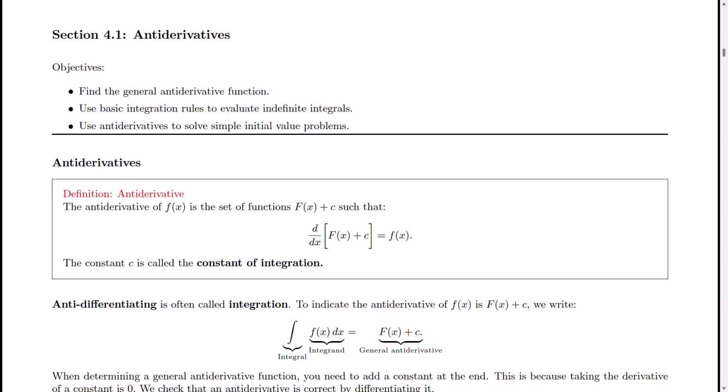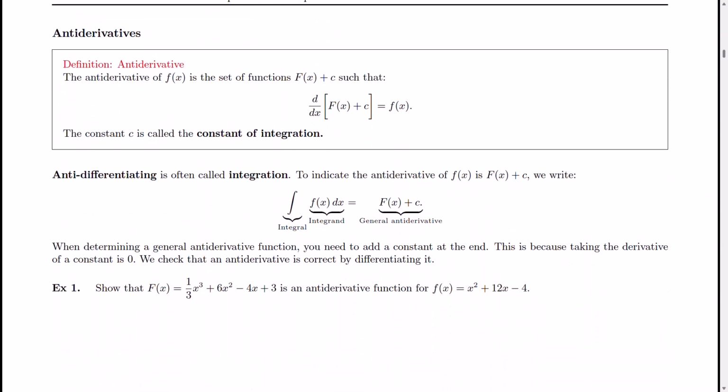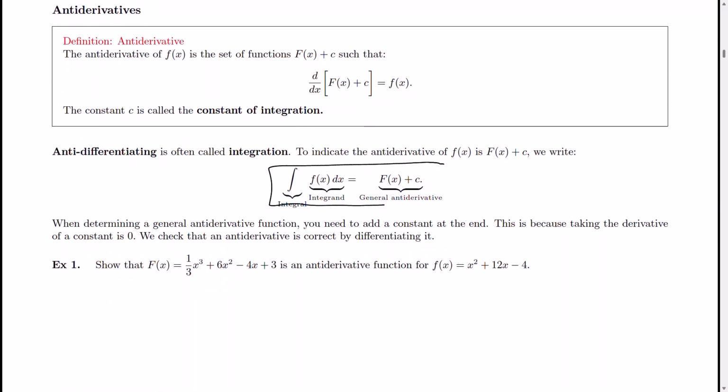There's going to be some notation that we use for these problems to make life a little bit easier, the notation you're seeing in the middle of the page. There's going to be something called an integral. This integral symbol is basically like a stretched out capital S, so very nice and smooth. We write the little function whose antiderivative we want to find, and then we add this thing called the dx.